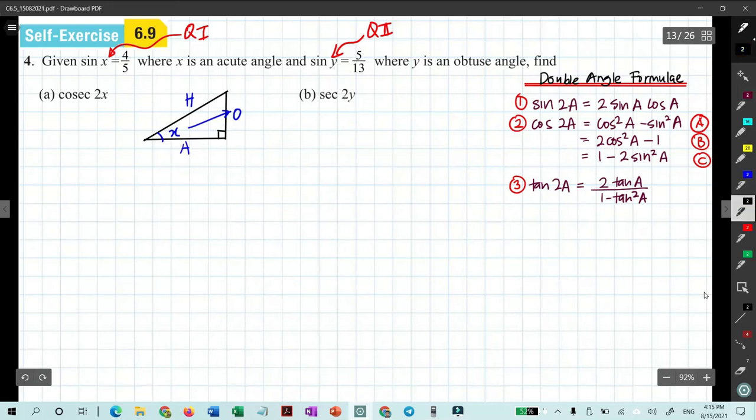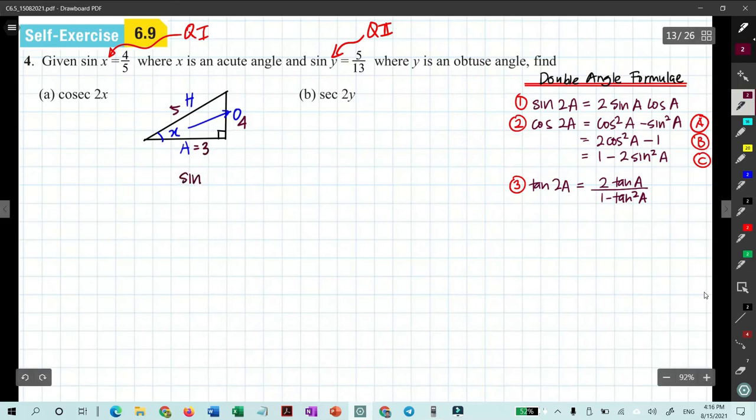We know that sine is opposite over hypotenuse, so the opposite side is 4 and the hypotenuse is 5. By using Pythagoras theorem we get the adjacent side, which equals 3.